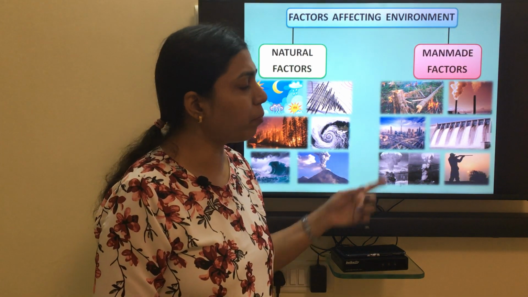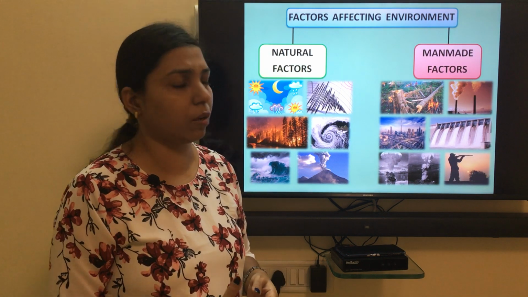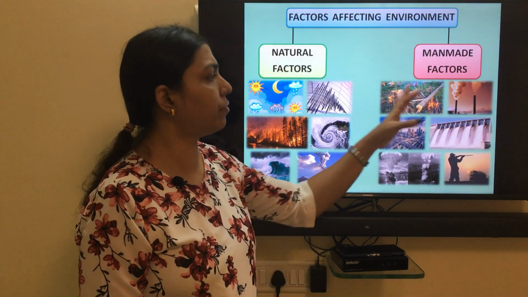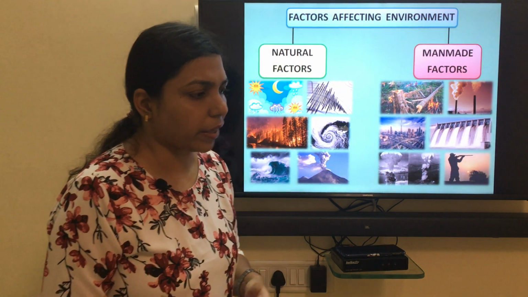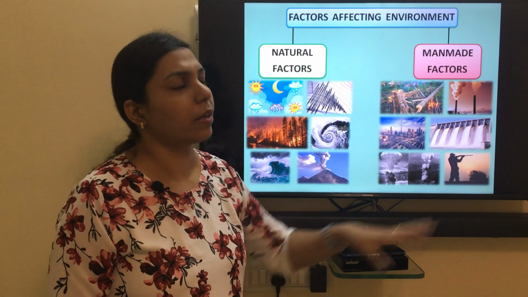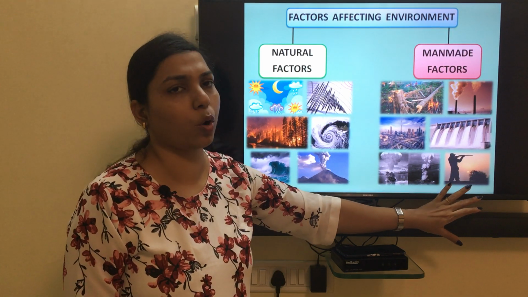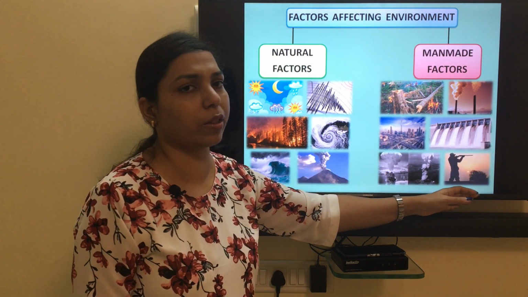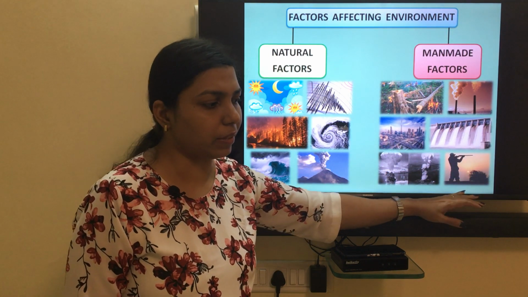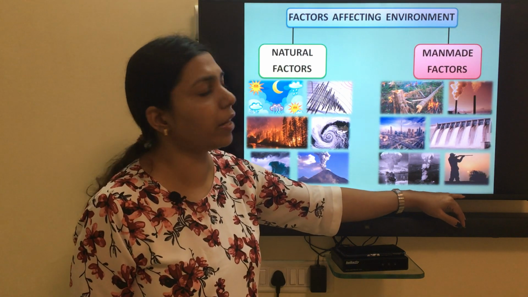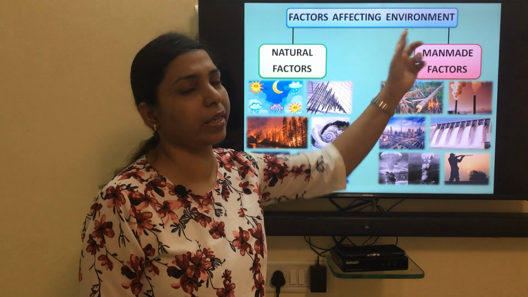Then bomb blasts, you have atomic blasts, you have nuclear blasts, you have wars. So these things are definitely man-made, and if man intends to take care of the environment, definitely he would stop all these. Okay, because we don't have control on this, but we have control on these factors. So if these factors are controlled by human beings, definitely it will have a huge impact on the environment.